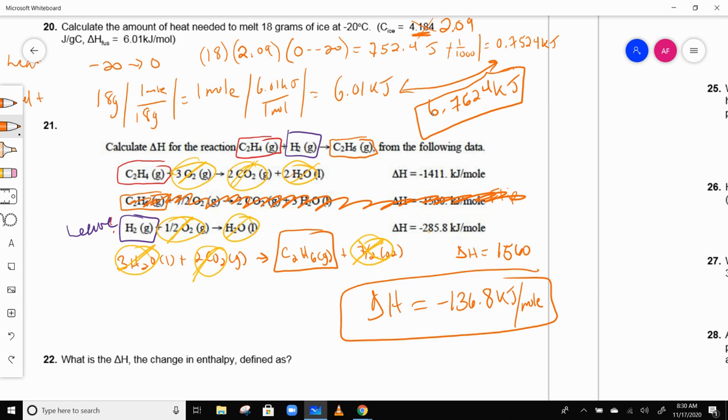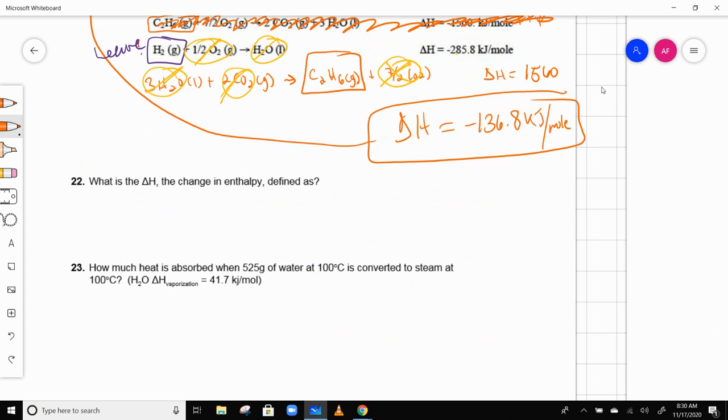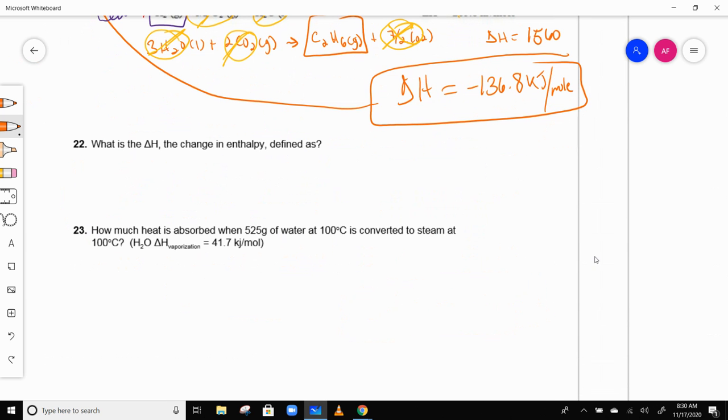So that would be the delta H for this reaction here. Easy peasy.